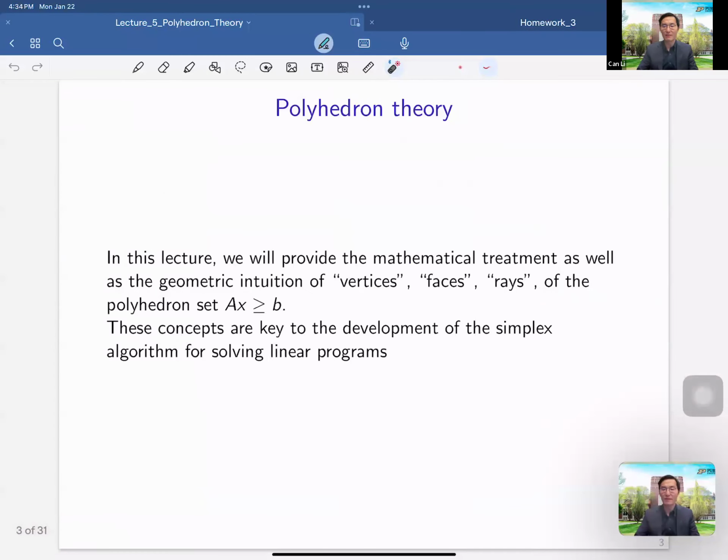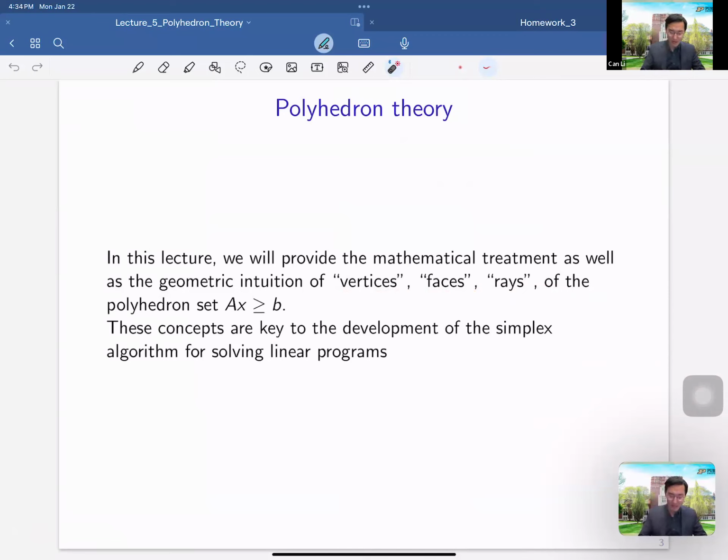So, an overview of this lecture: we are going to talk about something called polyhedral theory. We will give the mathematical treatment of vertices, faces, and rays. Those are geometric concepts, but they can be described in a mathematically rigorous way as well.